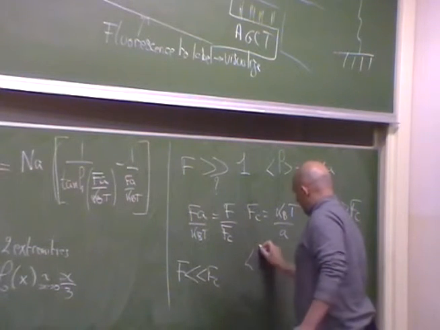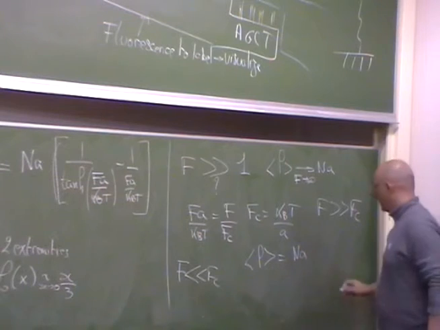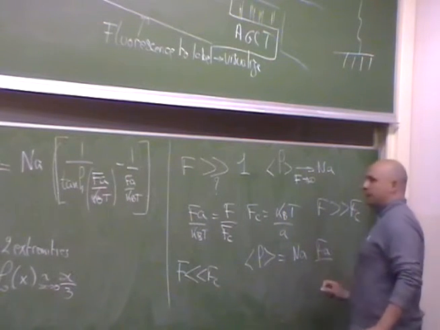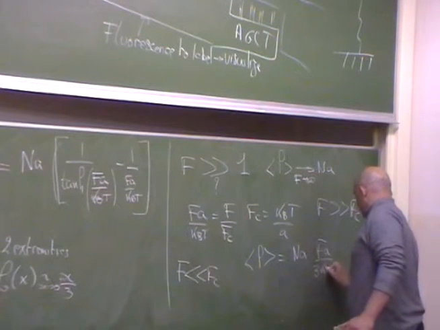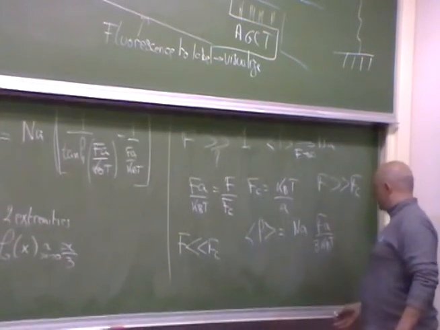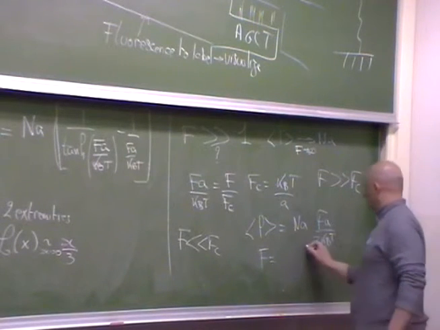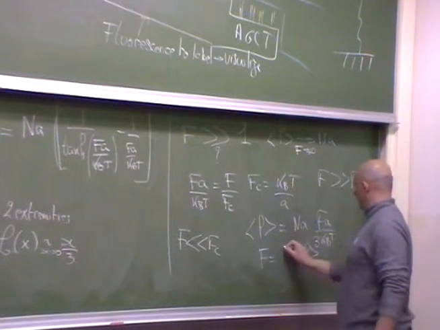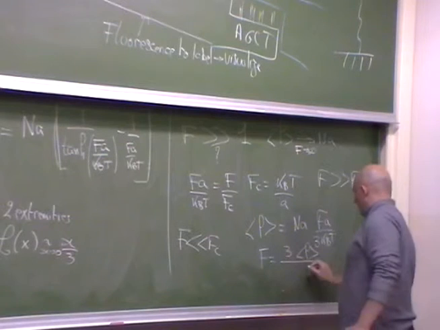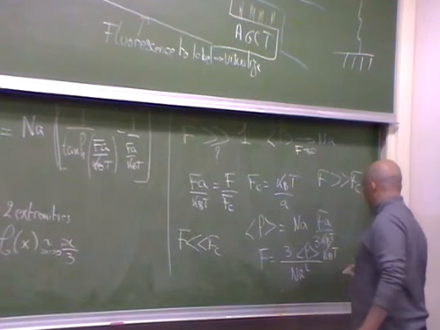So it means that in this condition, it is NA times FA divided by 3 KBT. So if I do that, I get the force equal to the extension times a factor of 3 KBT divided by NA squared.